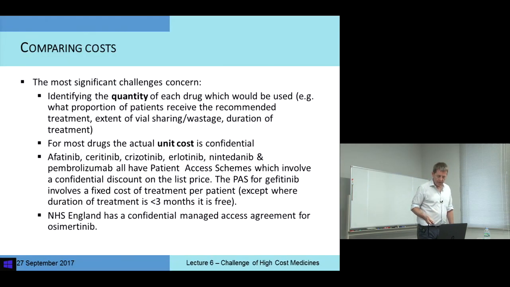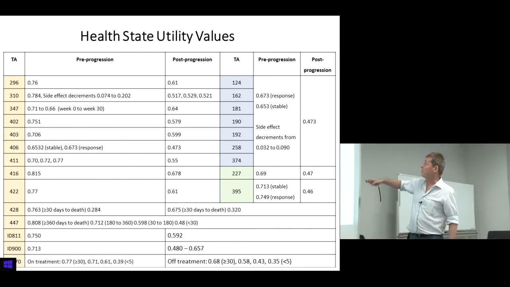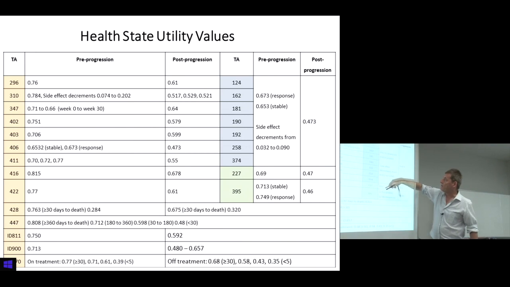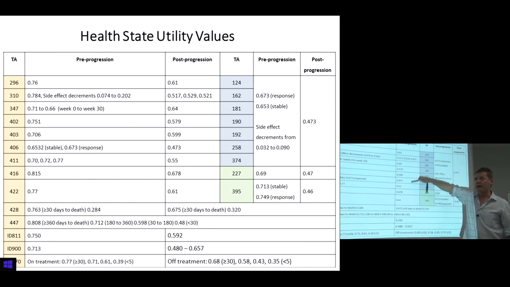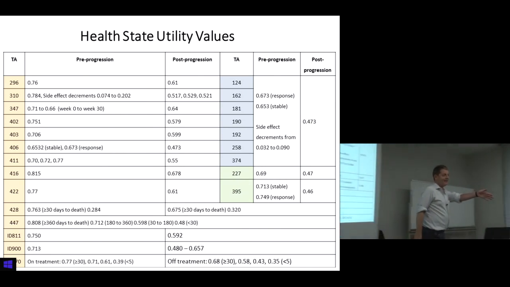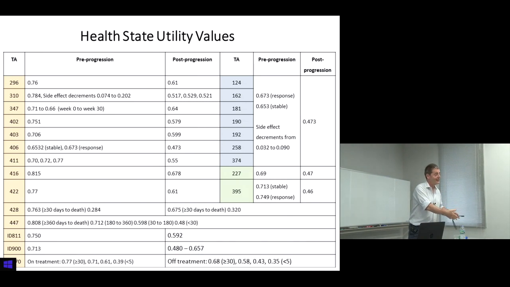Yes, that's a good question. Most trials stop collecting data when the patient progresses. So the estimate of the progressed health state post-progression frequently is collected at the last time, or if you like, the first time they decided progression had happened.